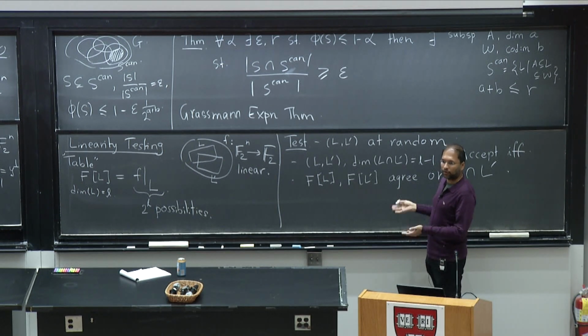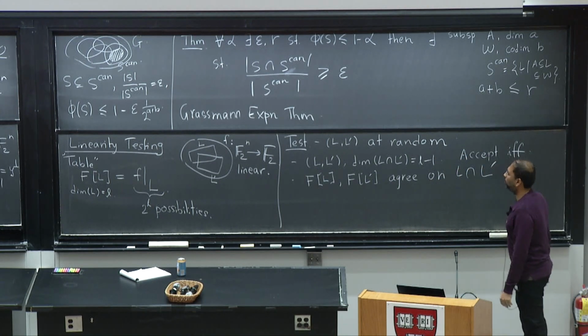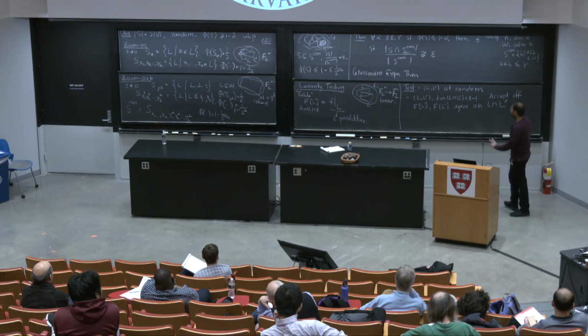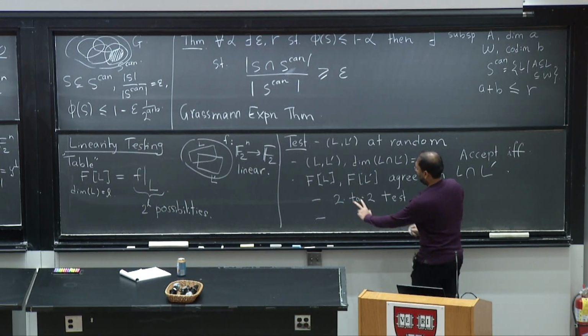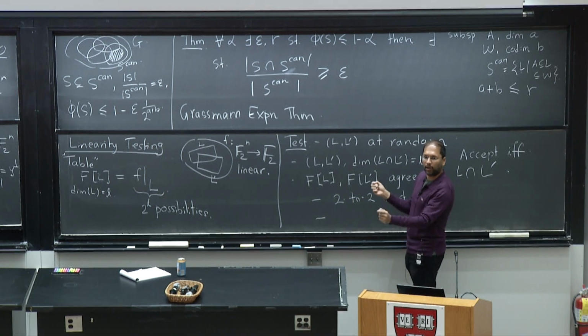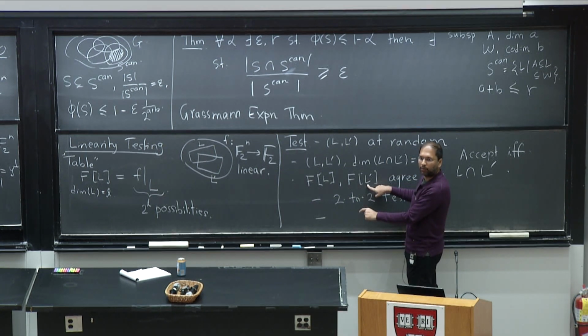This is called probabilistic testing, which is quite popular and useful in computer science. Now two things are clear. Firstly, this is what is called a 2-to-2 test, meaning each answer is a symbol from an alphabet of size 2 to the l, and for any answer on one side there are exactly two answers on the other side which are acceptable.